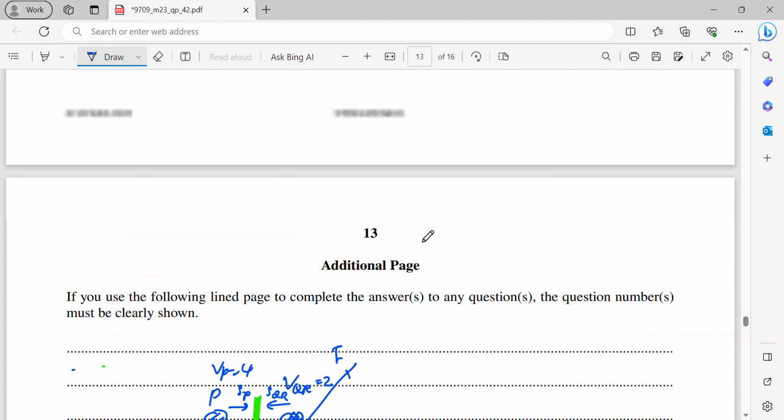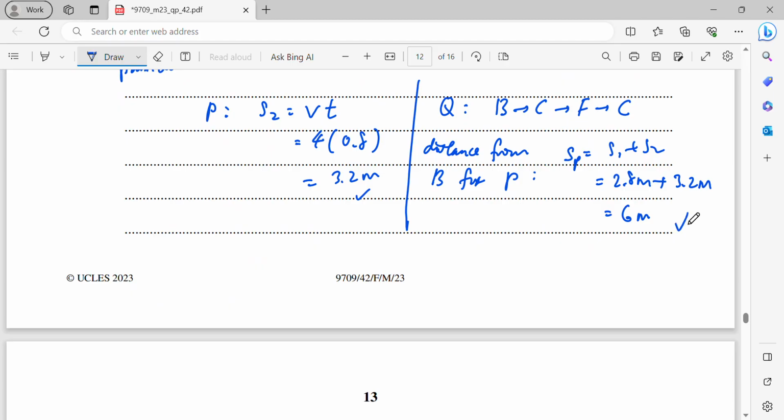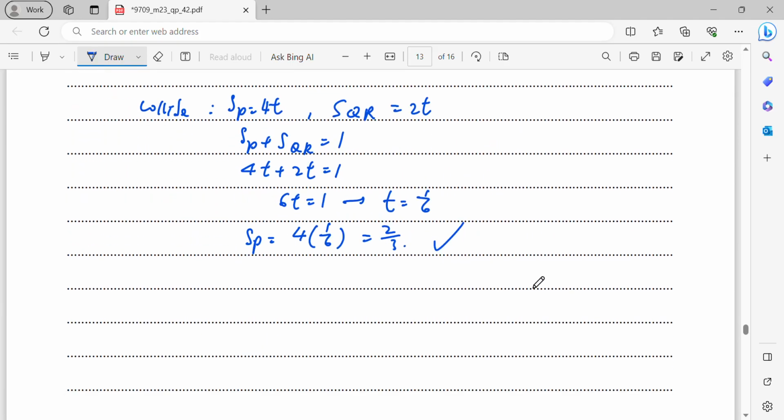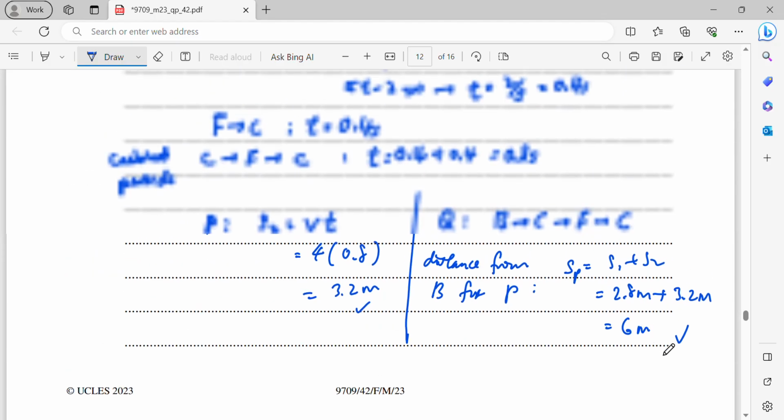Then the total distance from B at which P collides with the combined particle will be the 6 meters that we found just now plus the new SP.